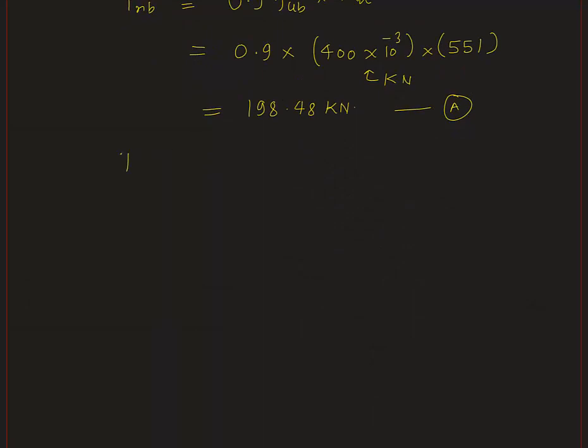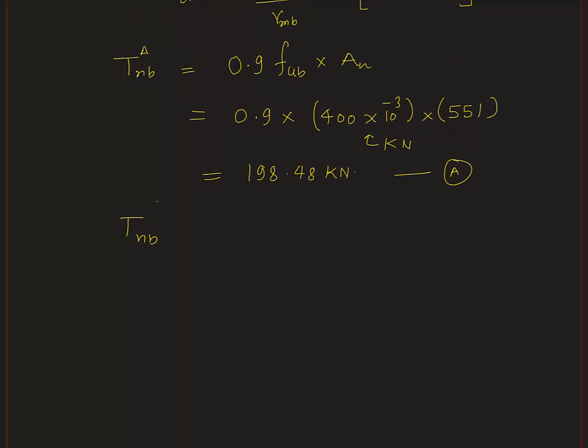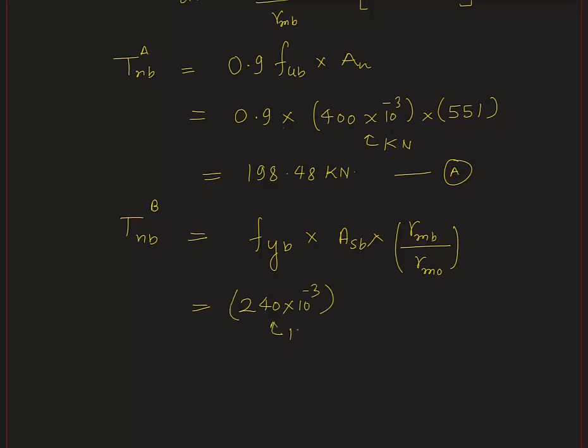Let's call this TNB1 or A, and this is TNBB. So in this case, the formula is FYB multiplied by ASB multiplied by gamma MB, divided by gamma M0. So we can plug in all these values. So this is 240 MPa multiplied by 10 to the power minus 3 to convert into kilonewton, and then ASB is again pi by 4 times 30 squared.